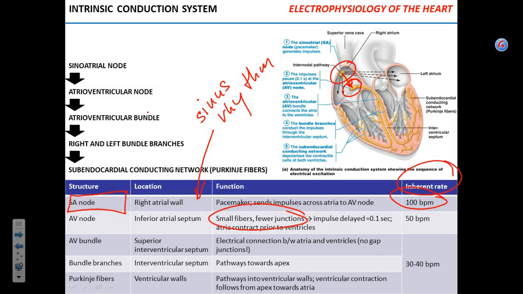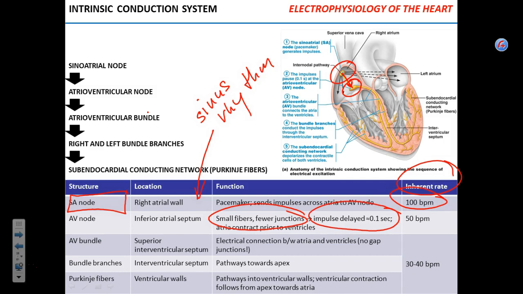So now imagine you have a lot of electrical signal that go through a lot of fibers, and then they end up stuck in the node with very few small fibers. It's like you try to channel a 6-lane highway into 2 lanes, which means that the signal will be delayed at the atrioventricular node. It's going to be delayed by about 0.1 second.